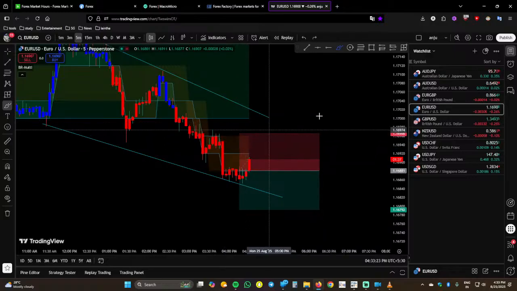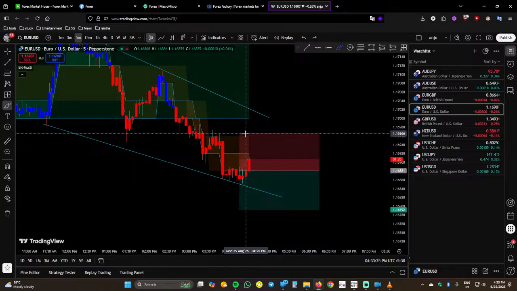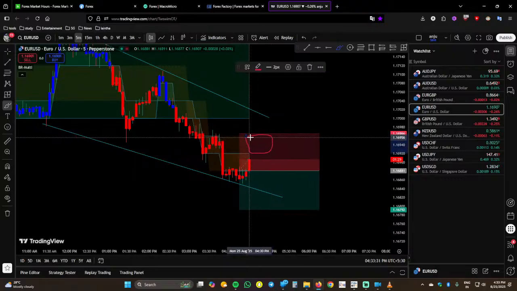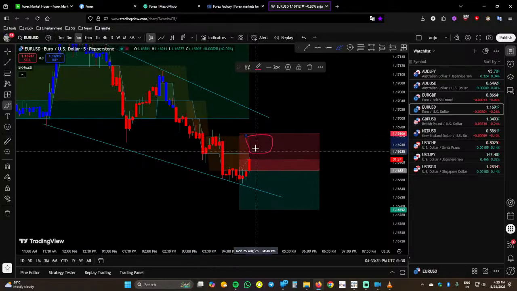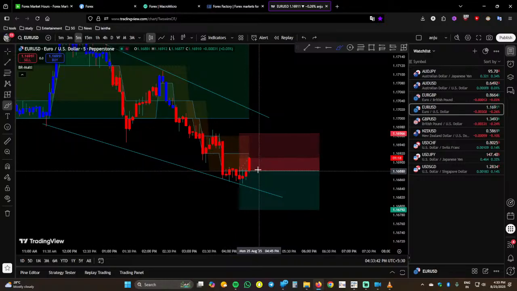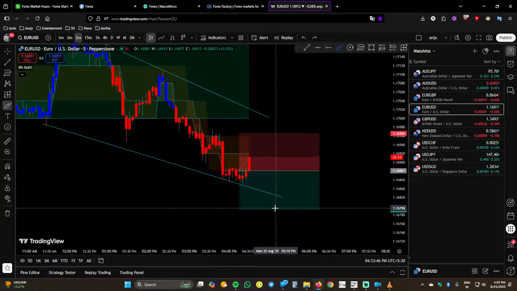Because if it goes here and closes above this level, that means there is a new brick formed, which will be a bullish break on the 5-minute time frame, of course. So if price goes back to this level, gets rejected and comes back down, the probability of it going to our target is very high.